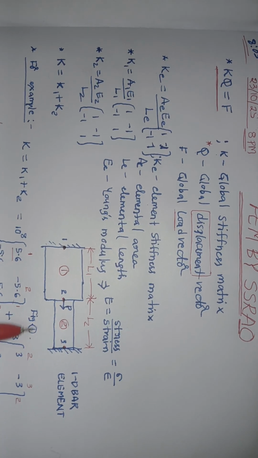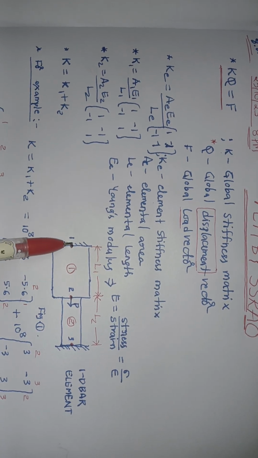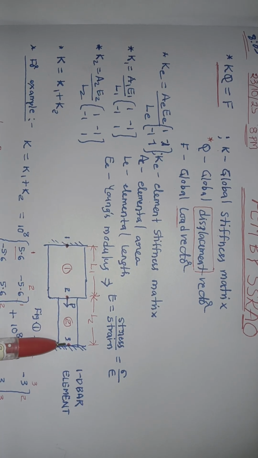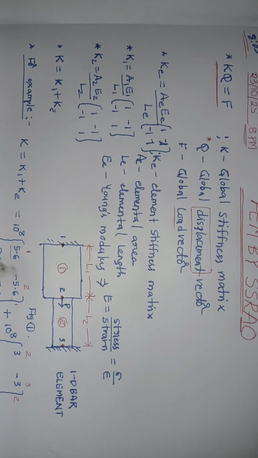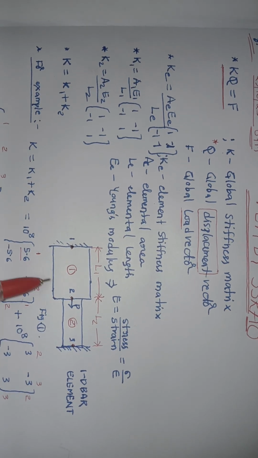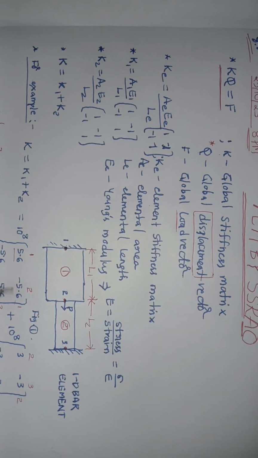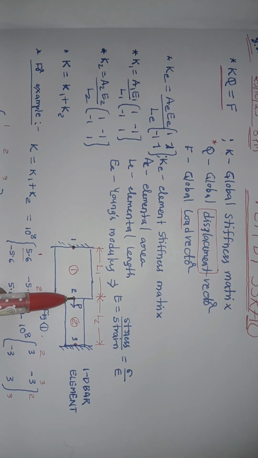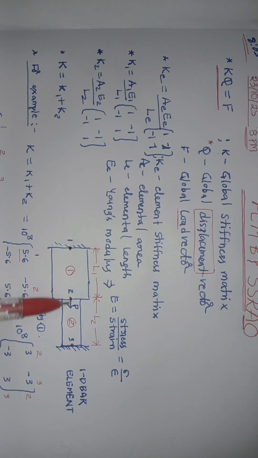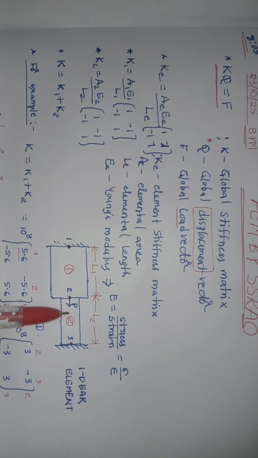So you can divide into a number of nodes: node number 1, node number 2, and node number 3. Here we have lengths L1 and L2. In general, in the problem they will give L1 and L2. Here they have given some load P at node 2, so you can take this P as P2.